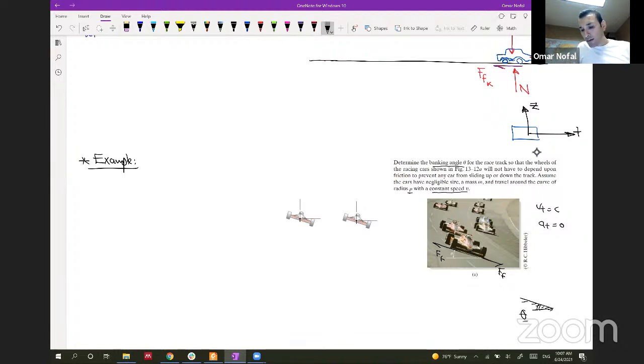If the car is on this surface, and this surface is inclined with angle theta, we will have the weight of the car going down, and the normal force will be perpendicular to this surface. So here's n. If you have this angle equal to theta, so this angle will be equal to theta, this one.